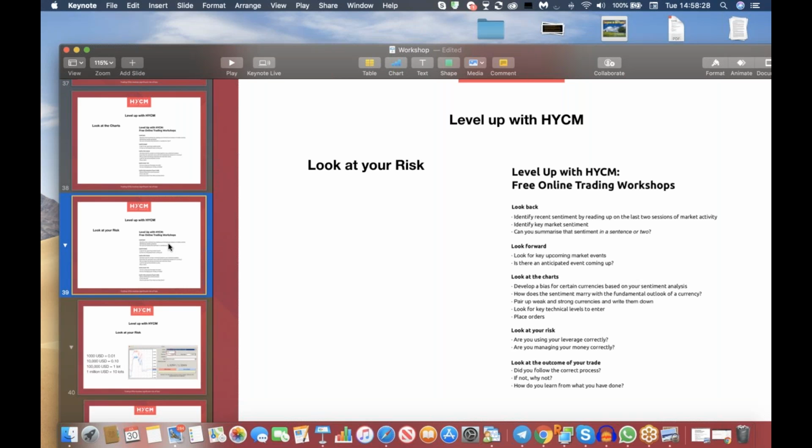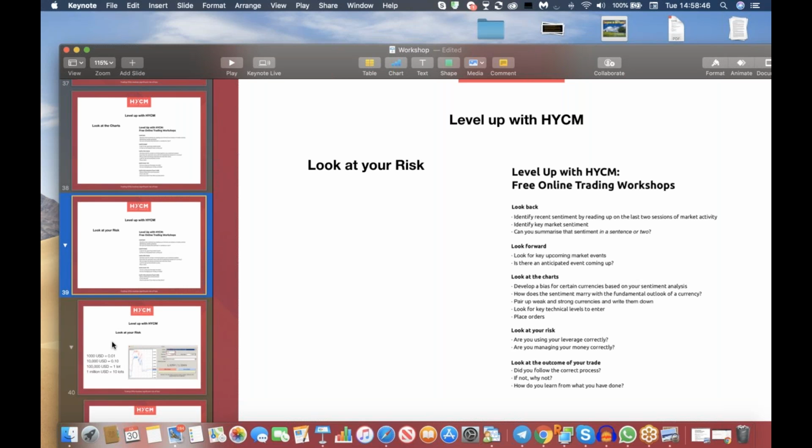So using too much leverage, risking too much money is probably the single biggest thing that you can do to increase your profitability and chances of being in FX trading for a long time. So look at your risk carefully.